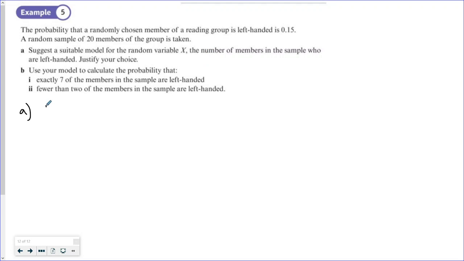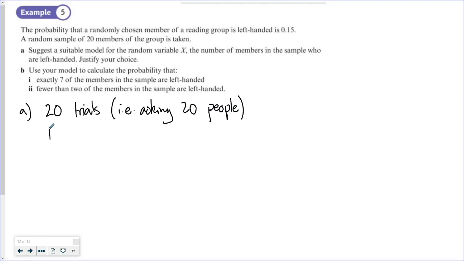So let's say that we're doing 20 trials, i.e. asking 20 people.